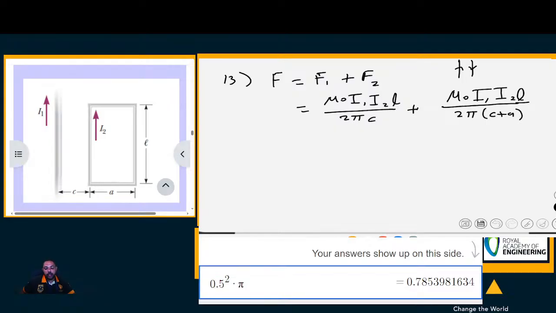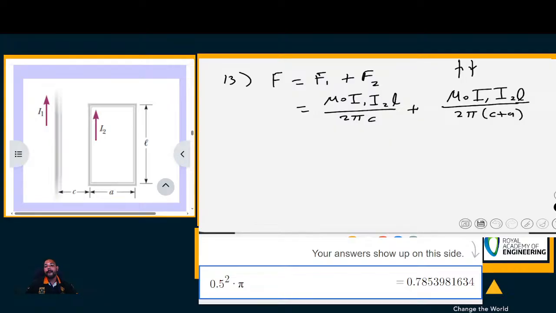Let's look at the directions. What directions will the force be in this case? Will it be into the page? But it can't be both in that case. In one case it's going to be into and one out.